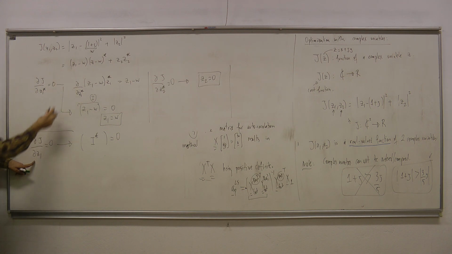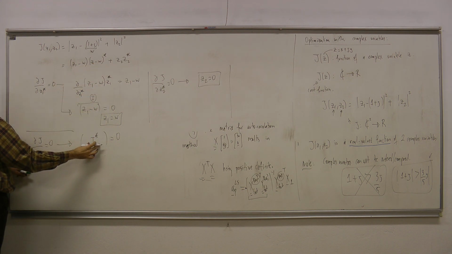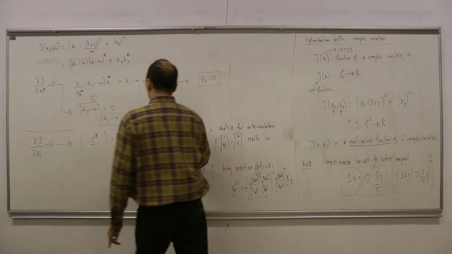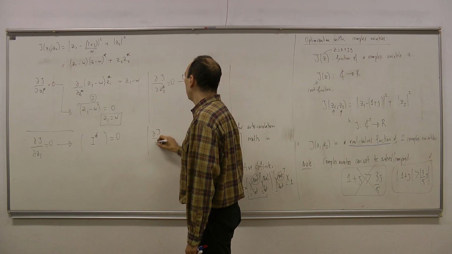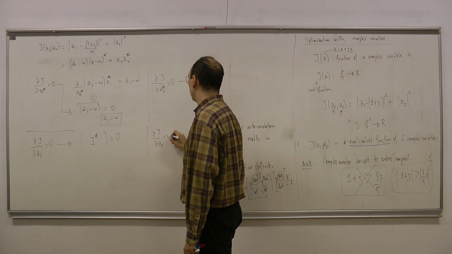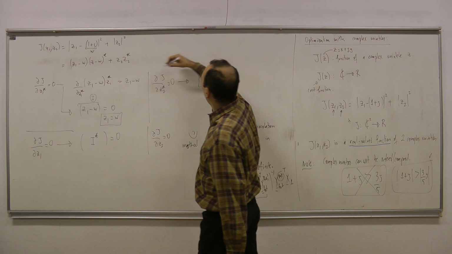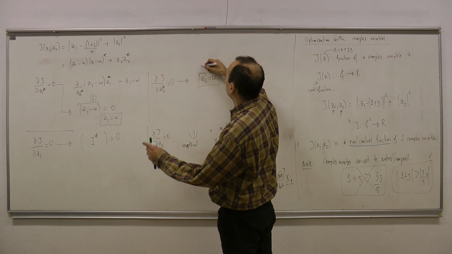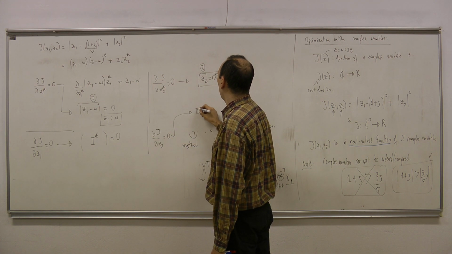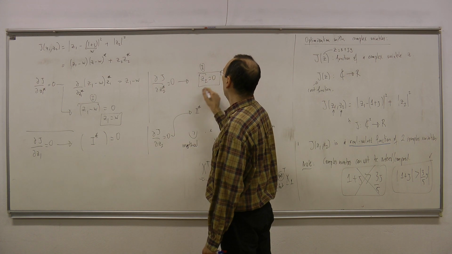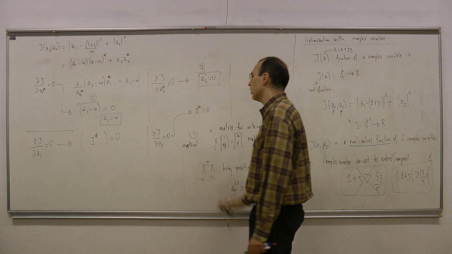If you take this Z1, you get this one's conjugate is equal to 0. Okay. Then for this one, if you take the derivative with respect to Z2 and equate it to 0, so over here, let's say this is the second left-hand side, 2. If you do this operation, you have 2, whatever you have on the left side, conjugate is equal to 0.